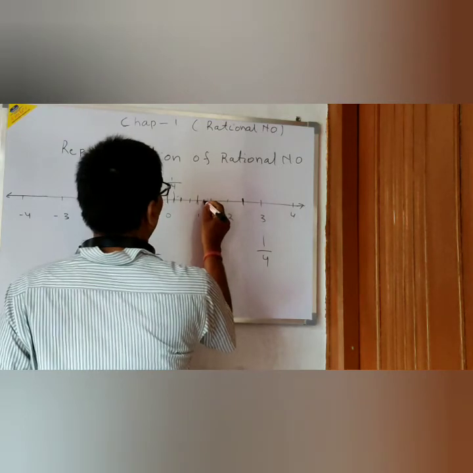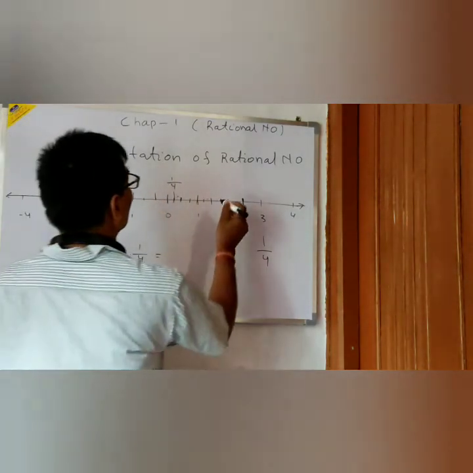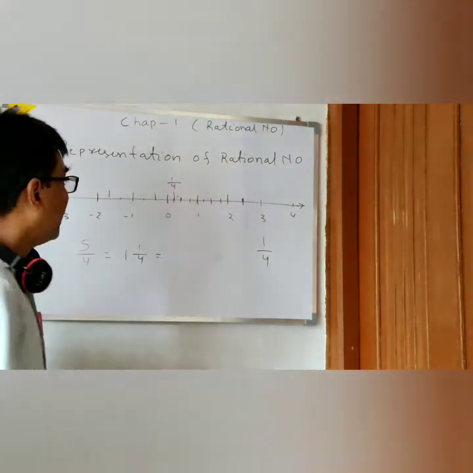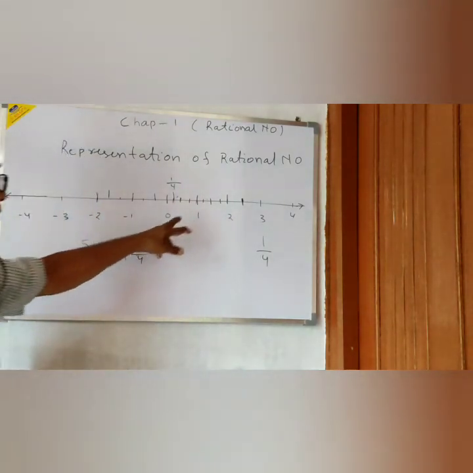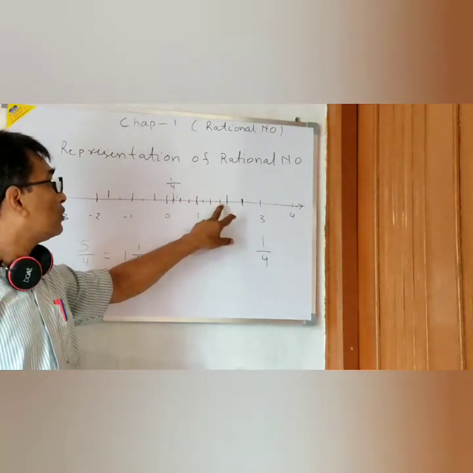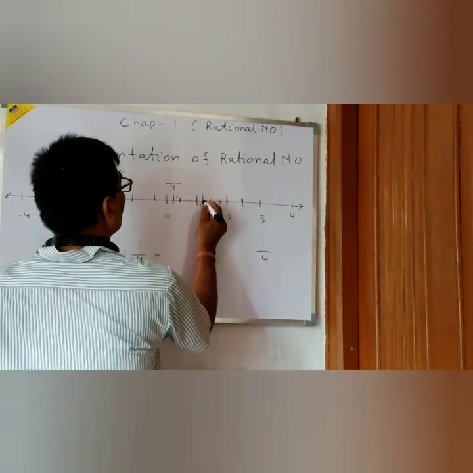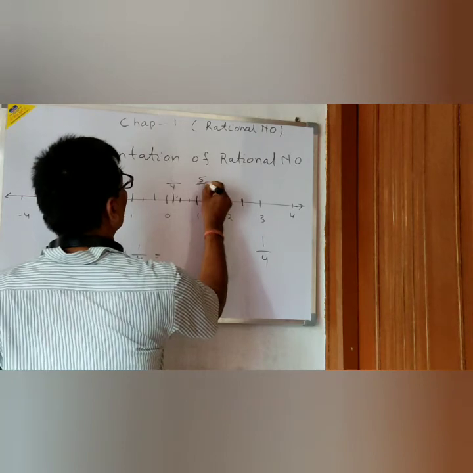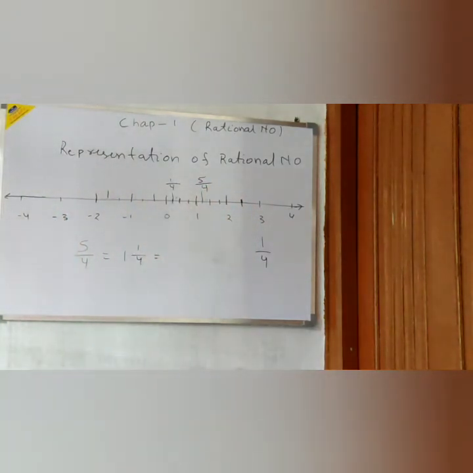Then the first part is 1 by 4, second part is 2 by 4, third part is 3 by 4. This is the representation of 5 by 4 on the number line. Clear?